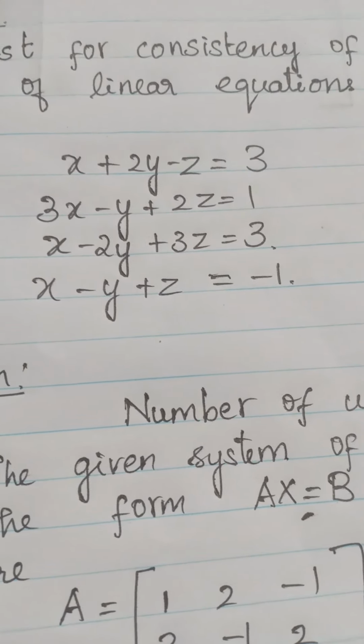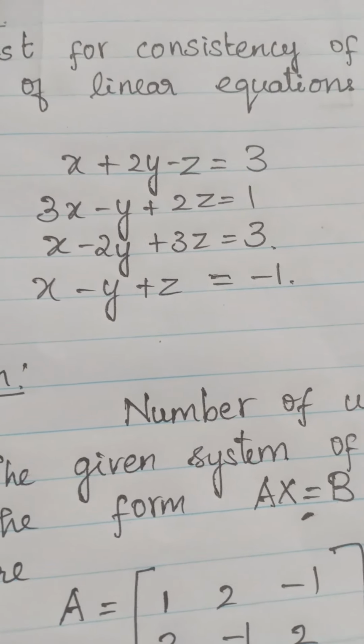Ax equal to B, where A matrix is the coefficient matrix. The coefficients of the first equation comprise the first row: 1, 2, minus 1, and the second row is 3, minus 1, 2.